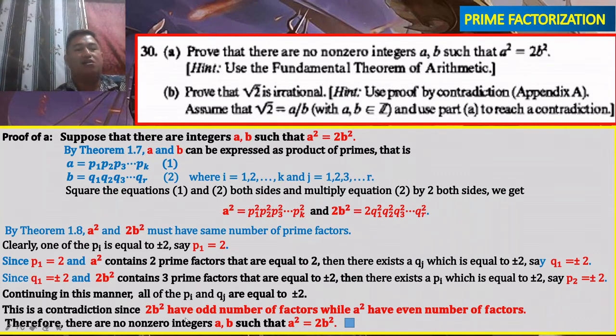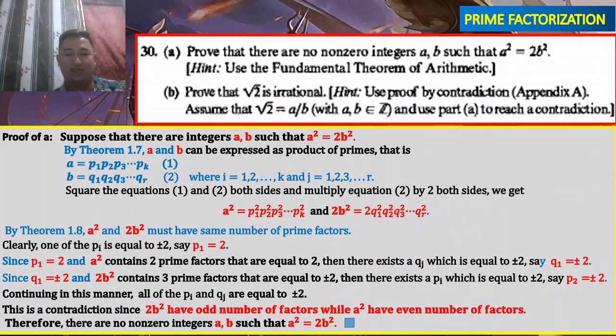So, therefore, since nakakita na contradiction class, therefore, wala tayong makita nga integers nga a ug b such that a squared equals to 2b squared. Di ba? Kaya suppose man nato diri nga na integers mag-exist. So, since nakita ta contradiction, so wala gid ay no non-zero integers a, b such that a squared is equal to 2b squared. Okay, done with proof A, proof B.